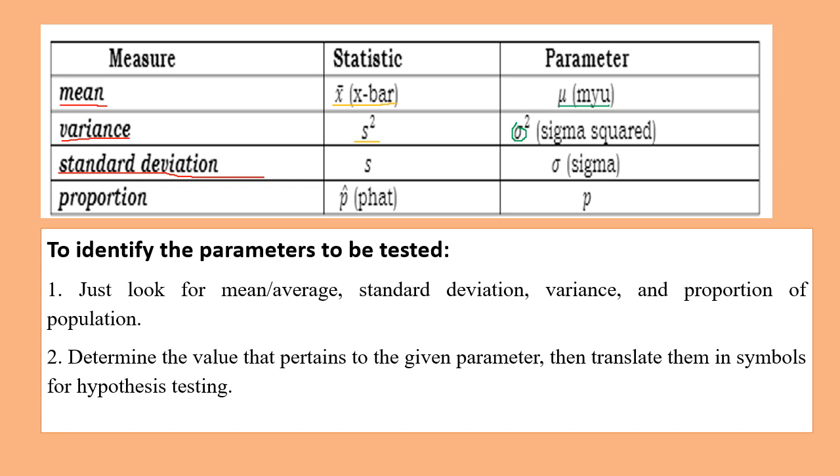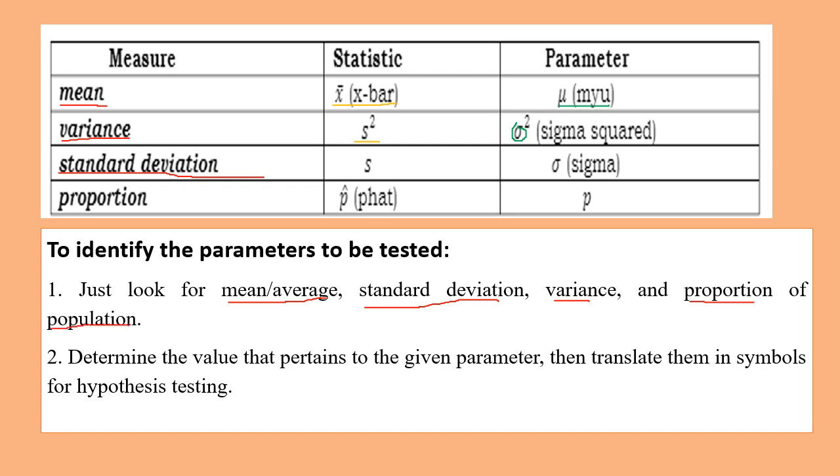Now, to identify the parameter to be tested, number one, we just need to look for the mean or the average, standard deviation, variance, and proportion of the population. So not the sample, but the population.